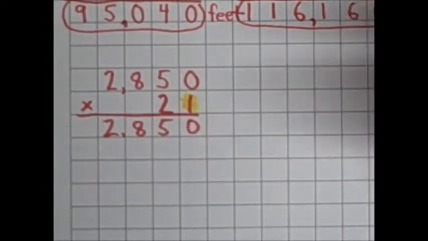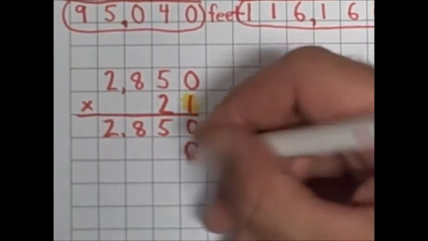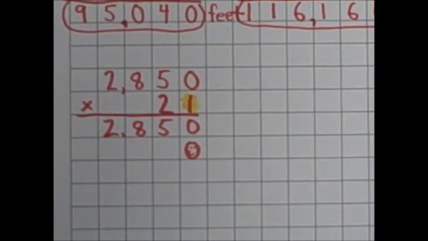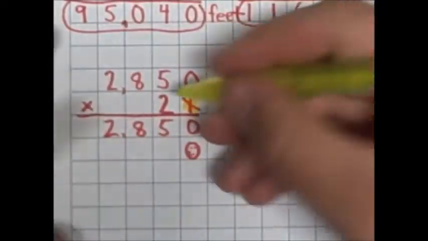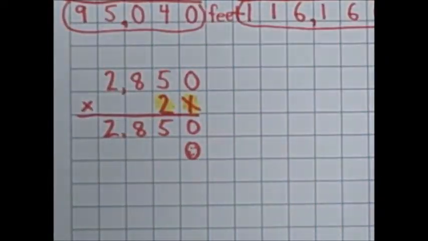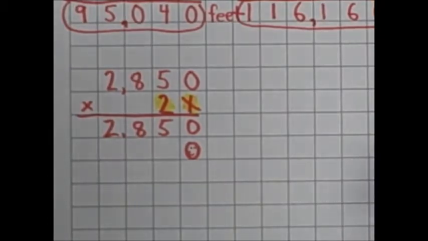So when we're moving into our second partial product, we're going to put that 0 placeholder down, make it a smiley face if you'd like. Okay. And then it's just a matter of going through the multiplication. But this time, now that we're done with that guy, our focus is multiplying the entire first factor by the 2. And remember, it's 2 tens. All multiples of 10 will have a 0 in the ones place.